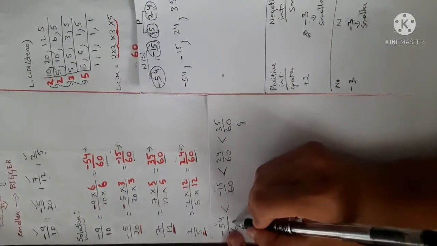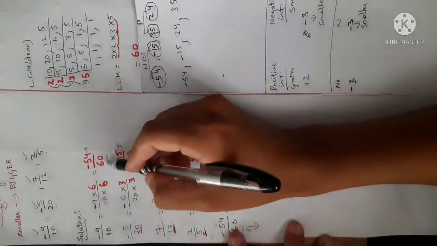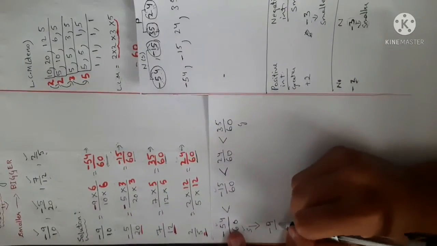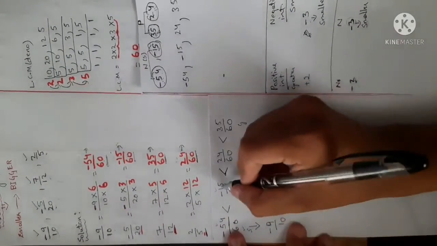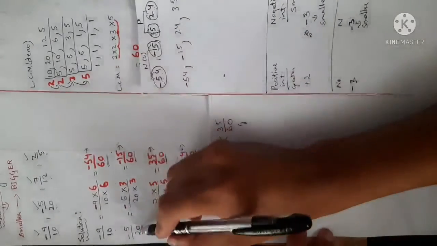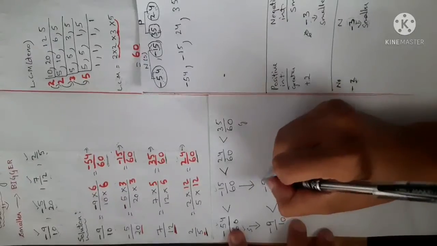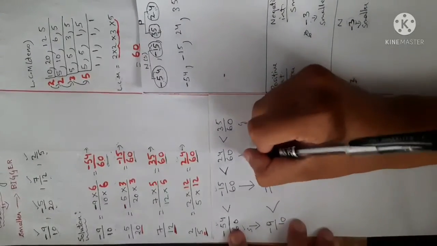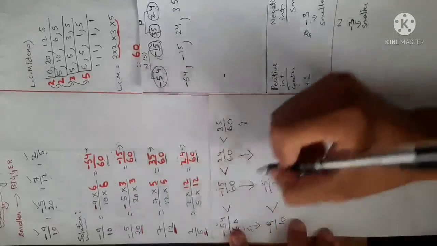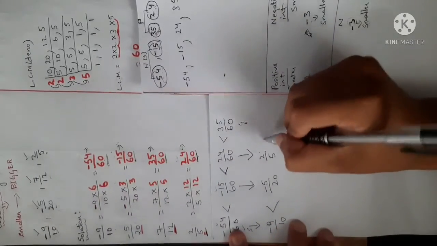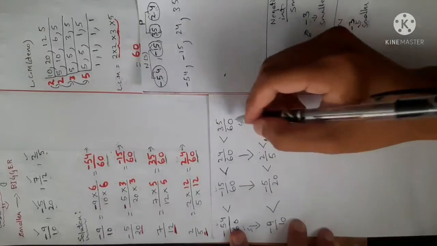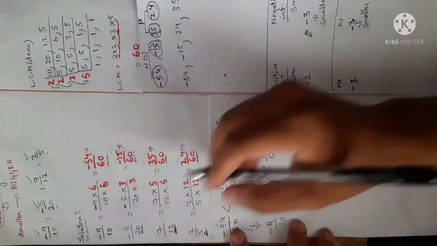Minus 54 by 60 is equivalent to minus 9 by 10, less than minus 15 by 60, which is equivalent to minus 5 by 20. Next, 24 by 60 is equivalent to 2 by 5. Next, 35 by 60 is equivalent to 7 by 12.